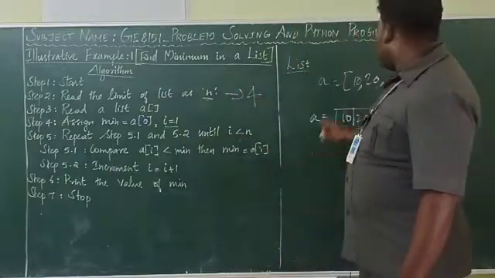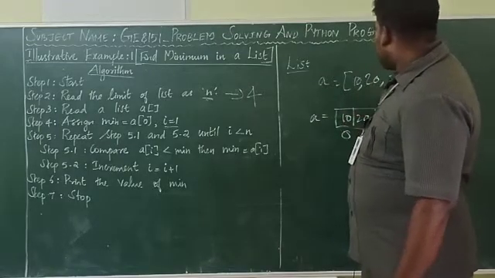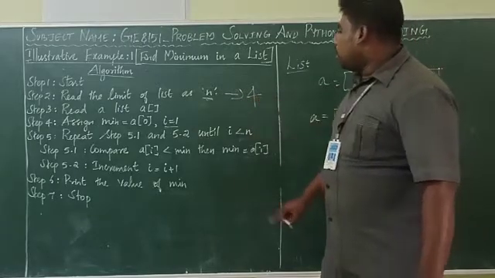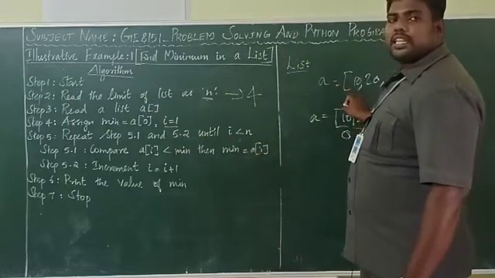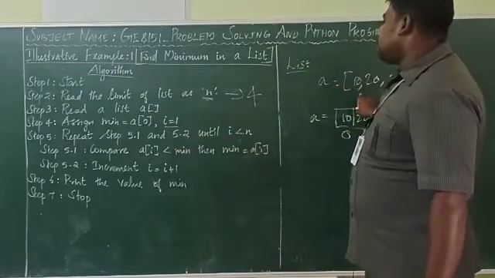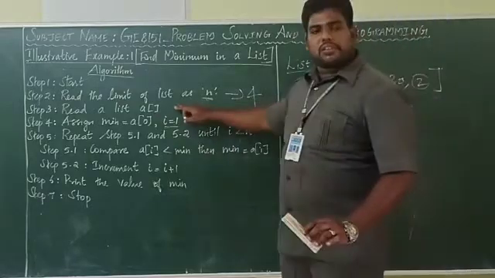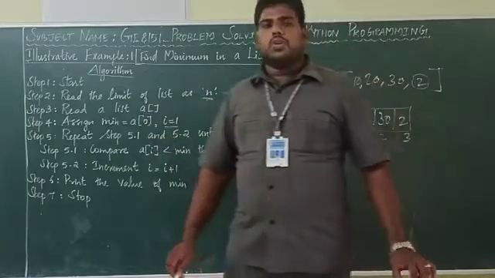So 0 to 3, 4 values. That is this n. Now read the list. Anything that comes within open and close brackets is a list, and inside the list these are the values. Till this, all of you understood. Now the logic is: assign minimum equal to A of 0.